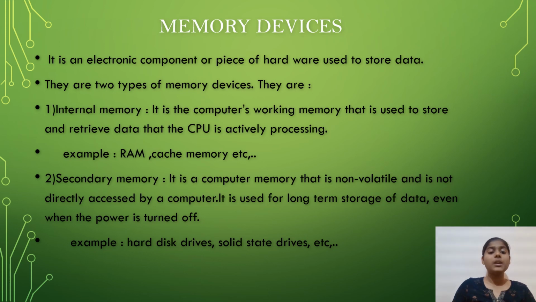Example, RAM, cache memory, etc. Secondary memory is computer memory that is non-volatile and is not directly accessed by the computer. It is used for long-term storage of data even when the power is turned off. Example, hard disk drives, solid state drives, etc.